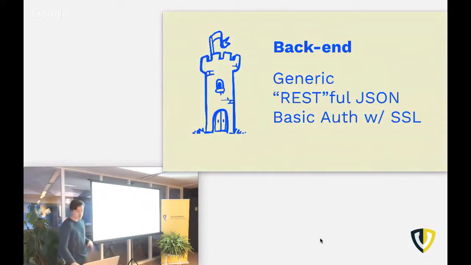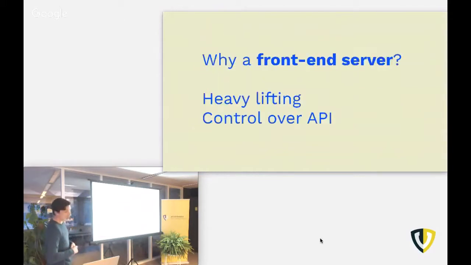For some reasons, we decided to put a front-end server in between. This is a concept that you may know or may not know. It's nothing spectacular. There's a backend, and we just put a machine in front that consumes whatever and sends stuff to the backend, and that we can easily talk to from our client application. And why did we do it?